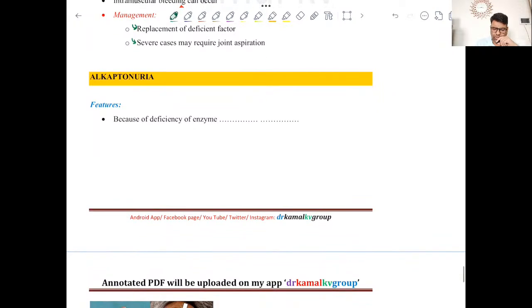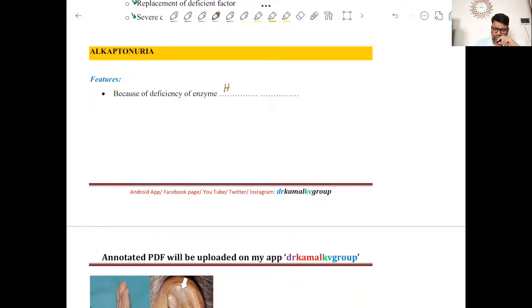Then coming to alkaptonuria, I think most of you must have heard of this term in biochemistry. Now there is a deficiency of the enzyme known as homogentisate oxidase, right?